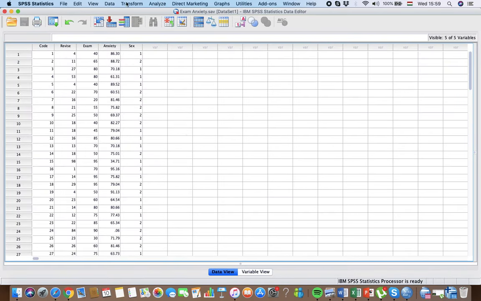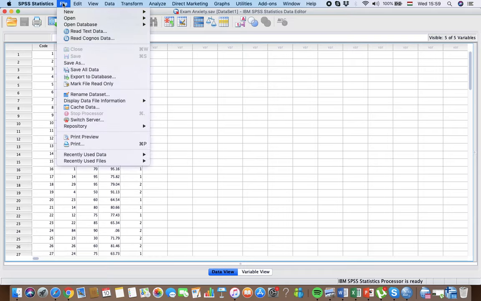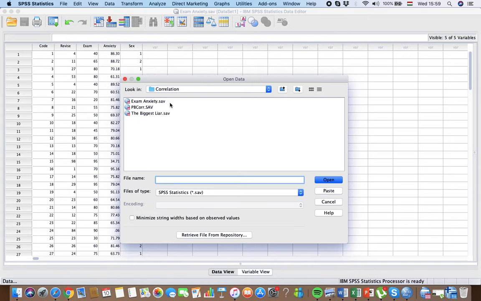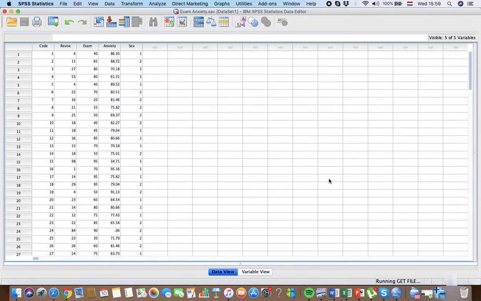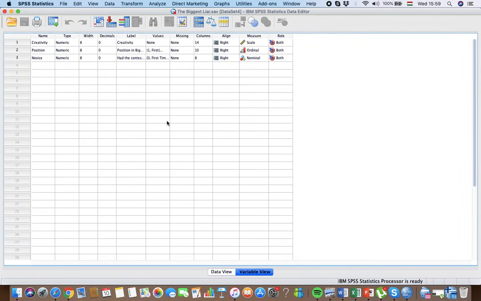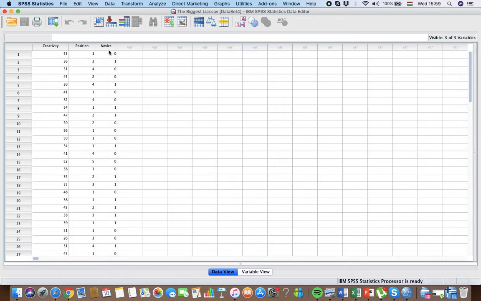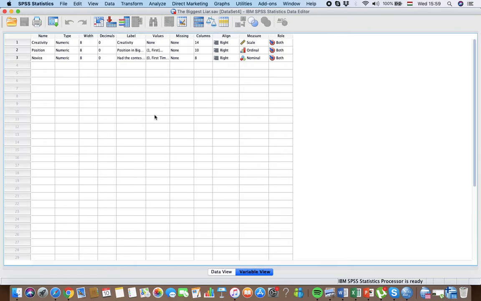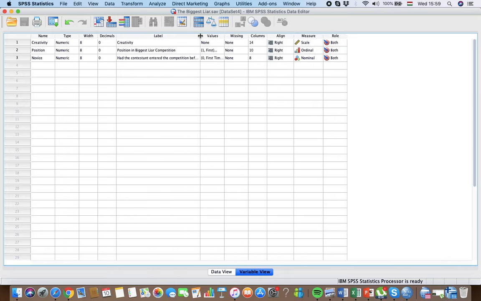The second one is the Spearman correlation. For this, I would like you to open another data set, the Biggest Liar. Fine, okay, so here you can see that we have 3 variables, but we will ignore the third. 2 variables. So in England, there is a competition organized each year.